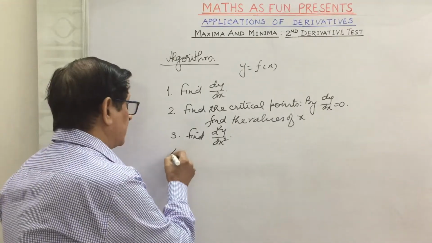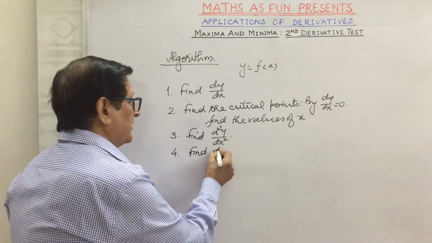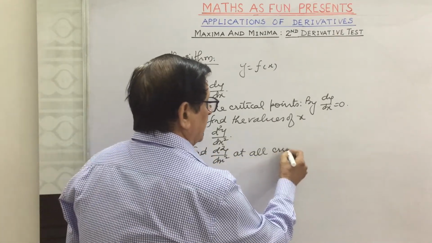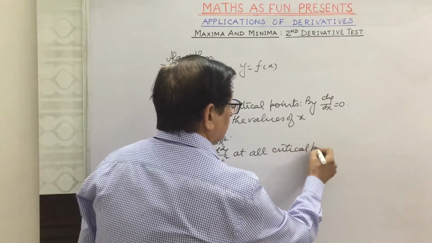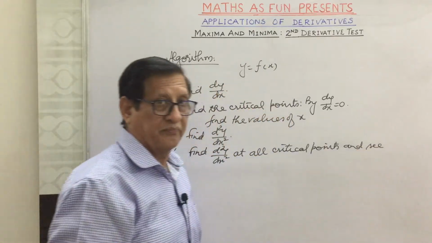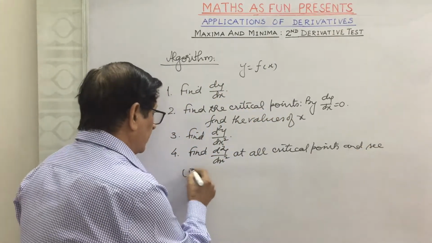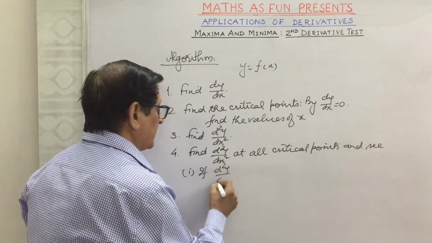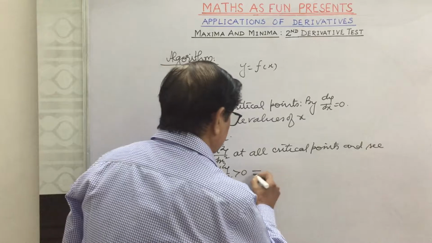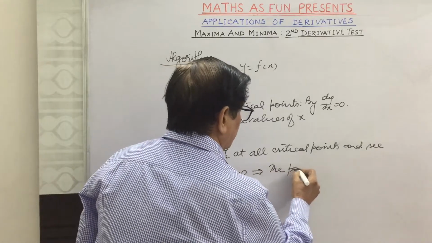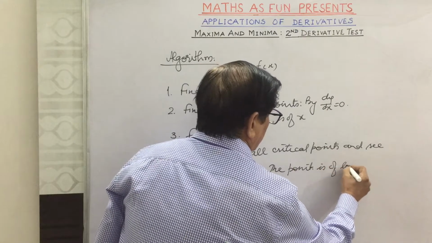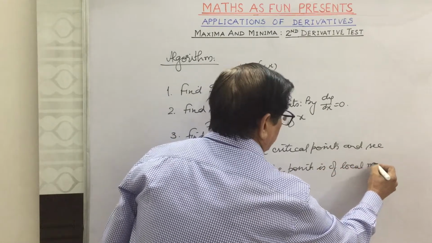The fourth step is to find d2y by dx square at all critical points, and see: number 1, if d2y by dx square is greater than 0, this implies that the point is of local minima.